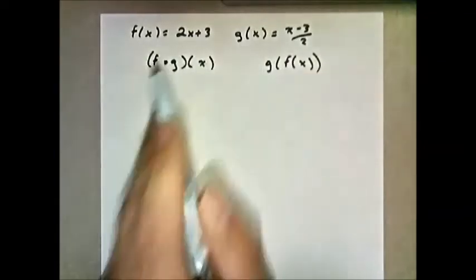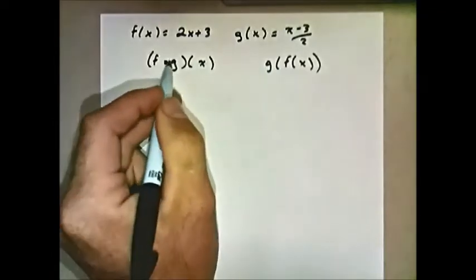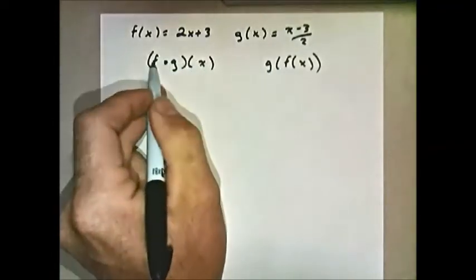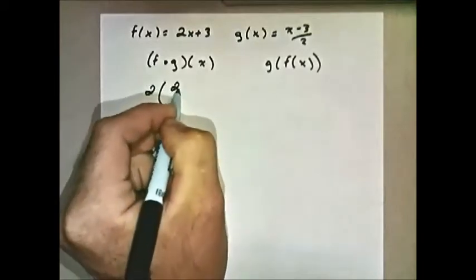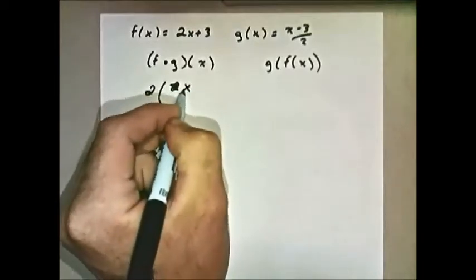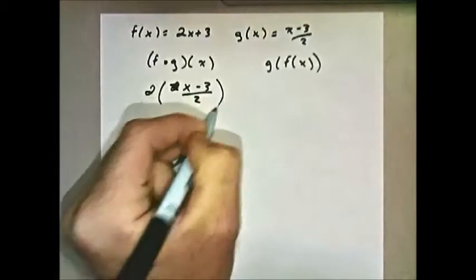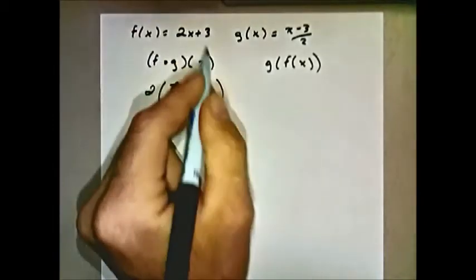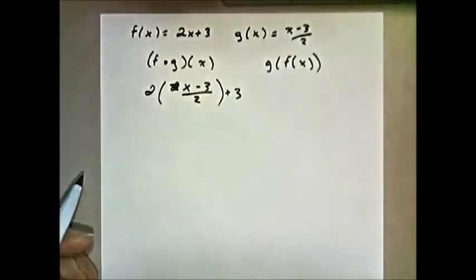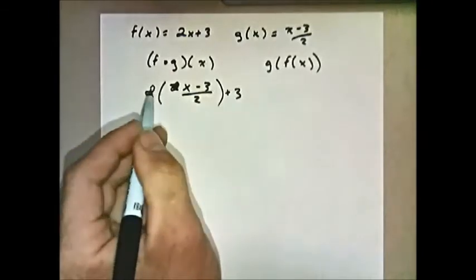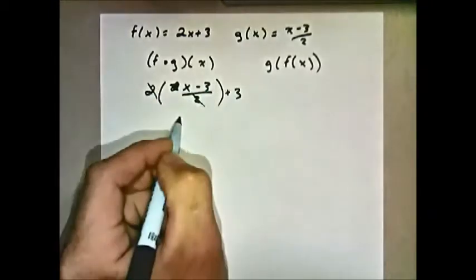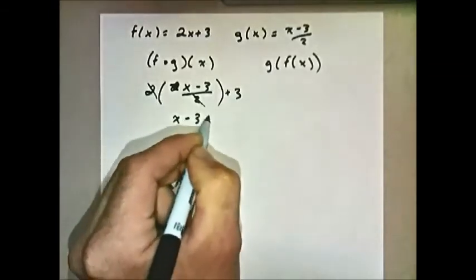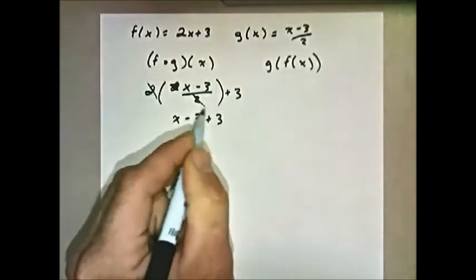Notice my two different notations. I'm taking my g function and plugging it into f. So I have 2 times x minus 3 over 2, plus 3. 2 times anything divided by 2, those 2's are going to cancel, so I end up with x minus 3 plus 3.